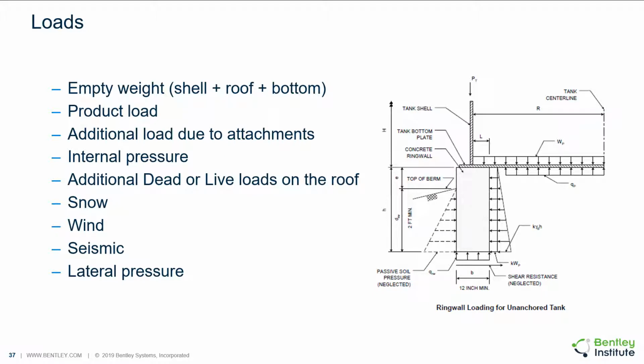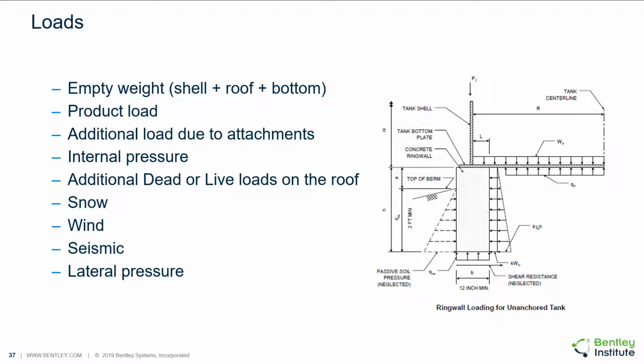This slide shows a diagrammatic representation of the loads that are considered for designing the ring wall foundation. First, there is the empty weight of the tank, which includes the weight of the roof, shell, and the floor plate. On top of that, any additional load like dead load or live load acting on the roof or load from miscellaneous attachments are also included.